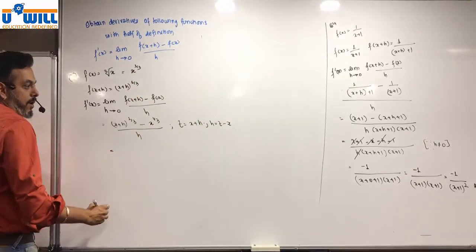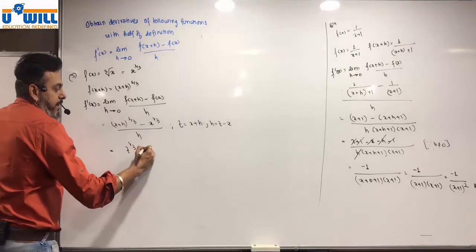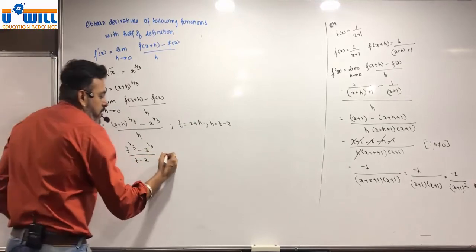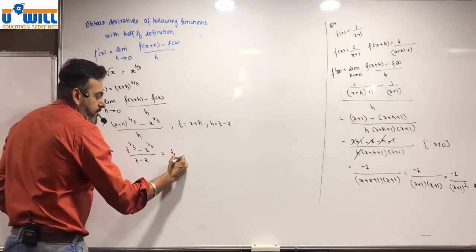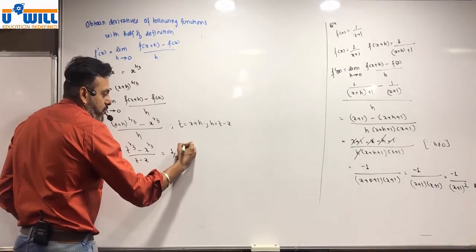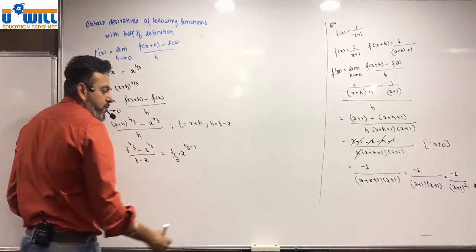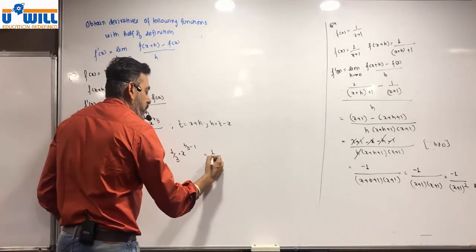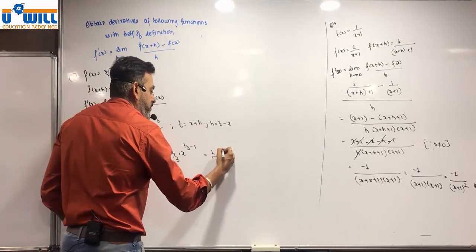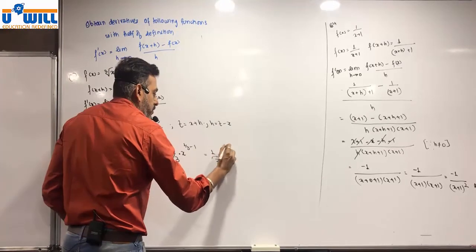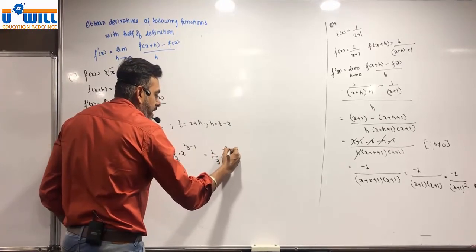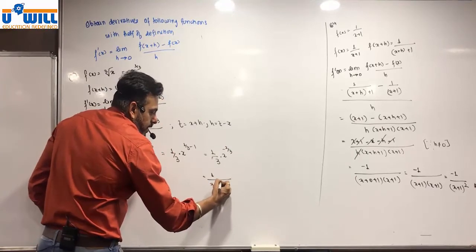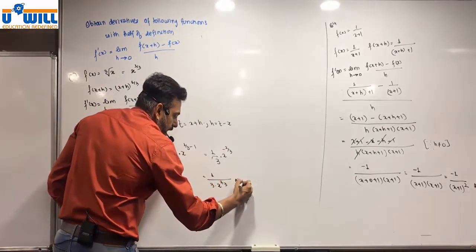Now, which is equal to t raised to 1 by 3 minus x raised to 1 by 3 upon t minus x, which is equal to 1 by 3 into x raised to 1 by 3 minus 1, which is equal to 1 by 3 into x raised to minus 2 by 3, which is equal to 1 upon 3 into x raised to 2 by 3. Answer.